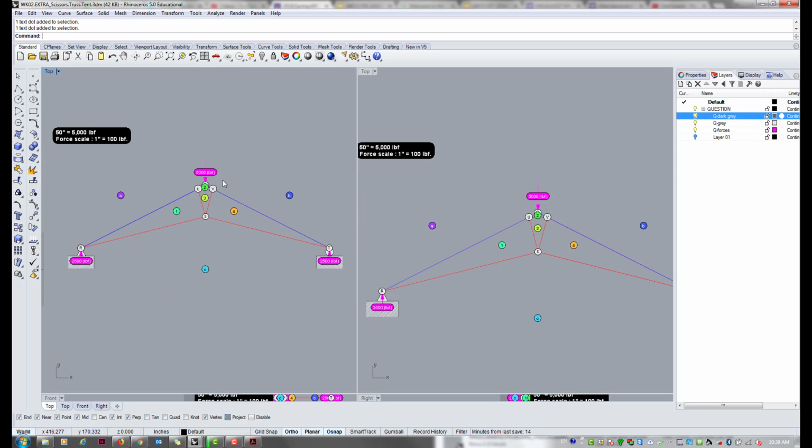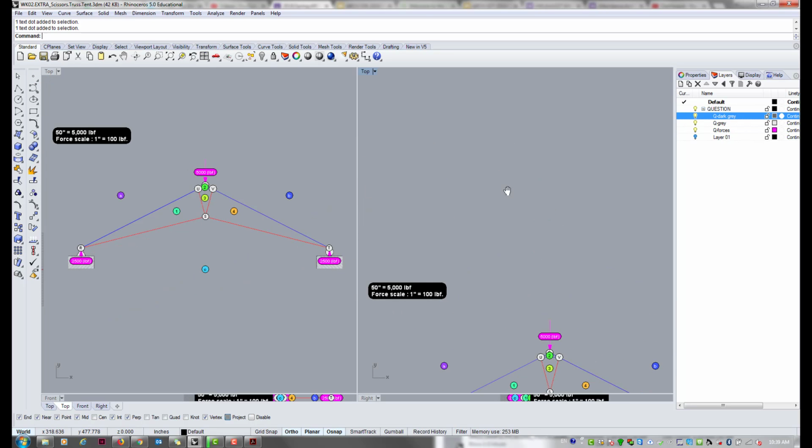So now I am going to start a force diagram. Outside, this one is that 5,000 pound force, so same length, right?